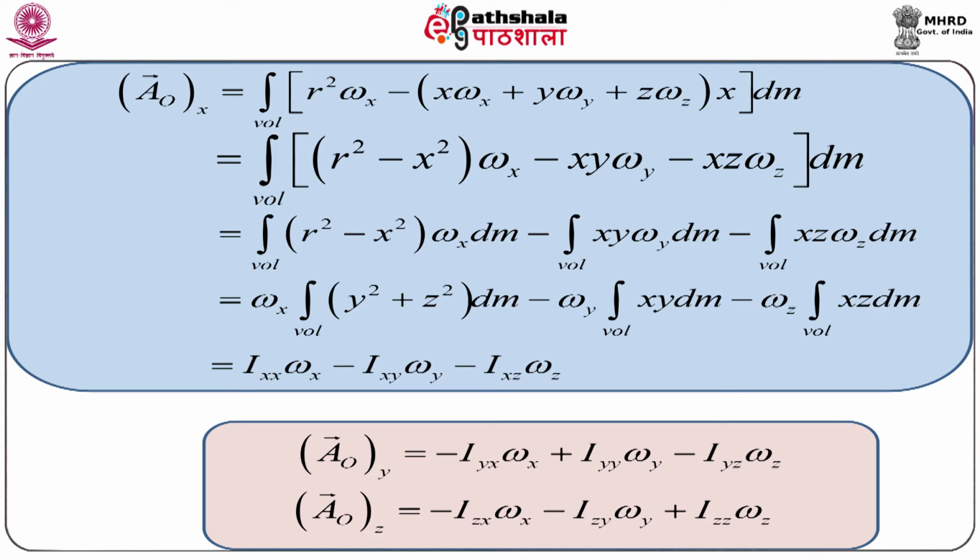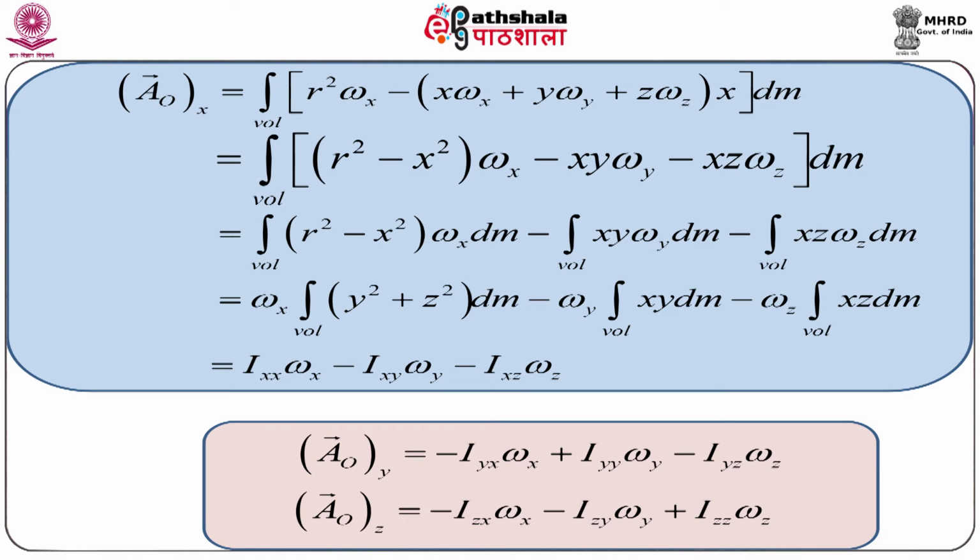After multiplication, we have arranged these terms in this way. If we separate these terms, then we get this result. Omega x is independent of the integral, similarly omega y, similarly omega z. So, taking out of the integration, we can write in this way.